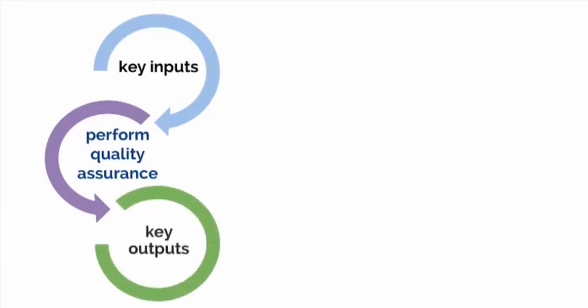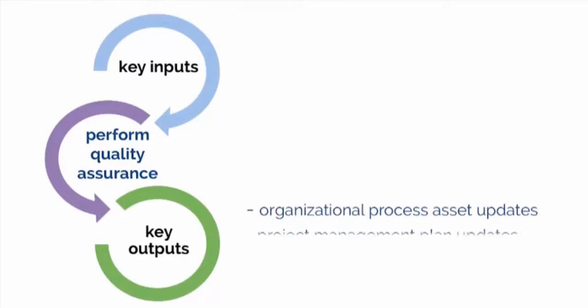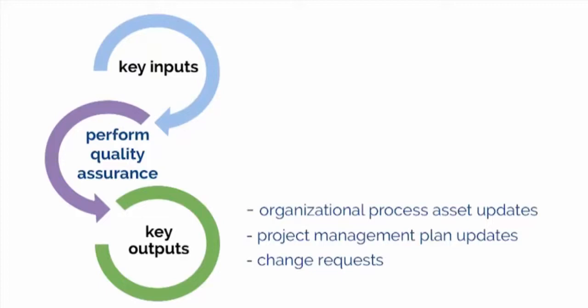The outputs in this process include organizational process asset updates, project management plan updates, and of course, change requests. For the organizational process asset updates, we can include things such as lessons learned documents, templates, documents from prior projects that will help us structure our approach to quality management on the given project at hand.